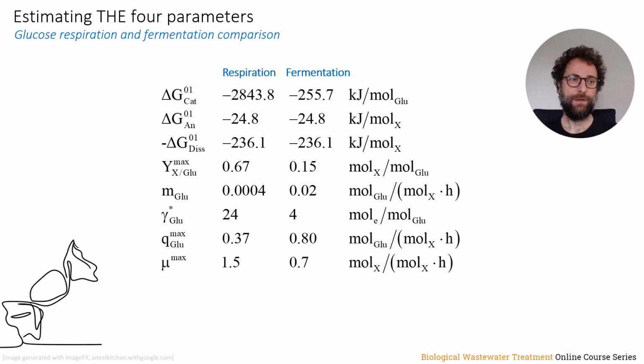Now, if we neglect, just for the thinking here, the maintenance, which is reasonable to do as it is comparably very low with respect to q, we simply obtain that mu max equals the product of the maximum biomass growth yield and the biomass-specific maximum consumption rate.